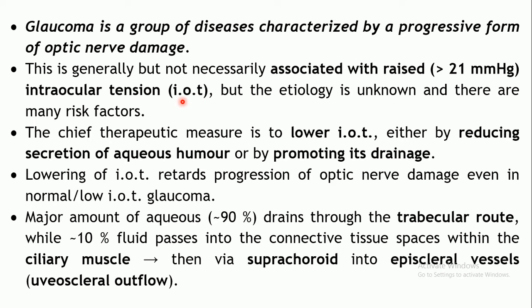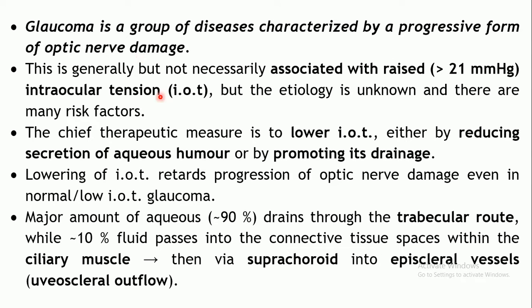In most of the cases of glaucoma, which is a group of diseases characterized by progressive optic nerve damage, the condition causes progressive damage to the optic nerve, so that the vision may get affected slowly.